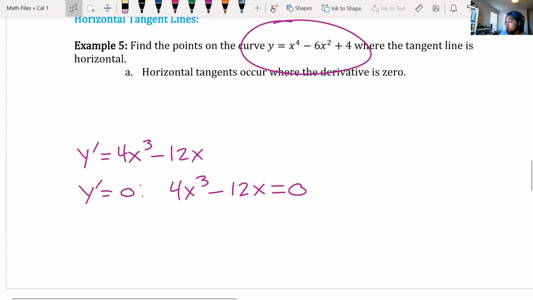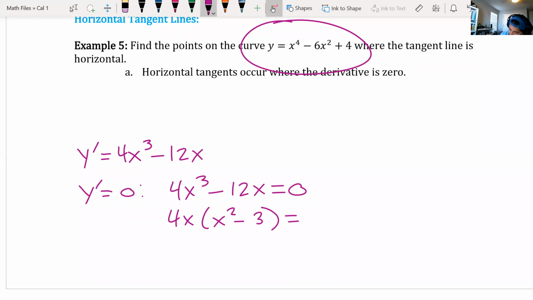Now let's go ahead and solve for x. What could I factor out here? 4x. That'll leave me with x squared minus 3. And then if we solve for x, what are my x values going to be? 0 and plus or minus the square root of 3.